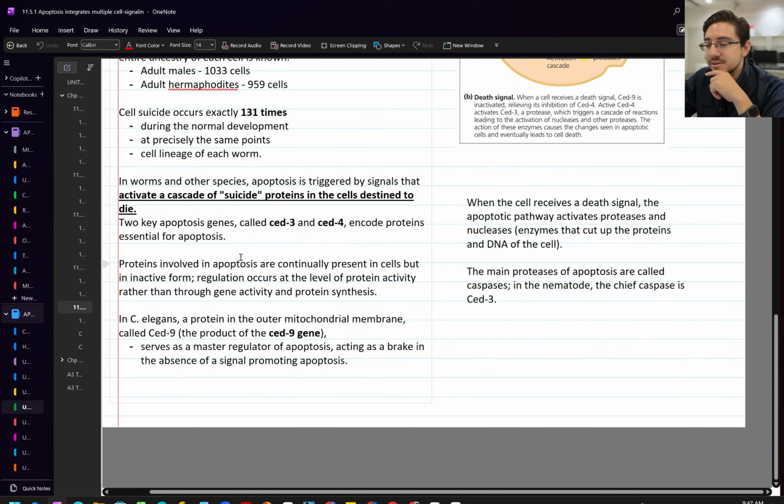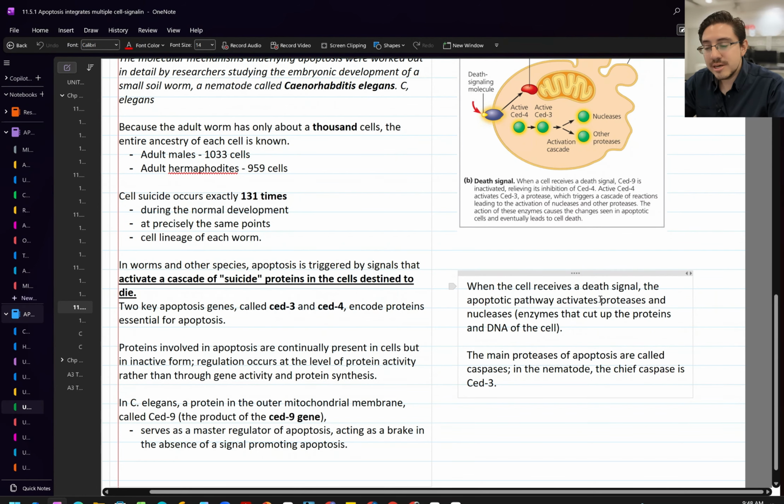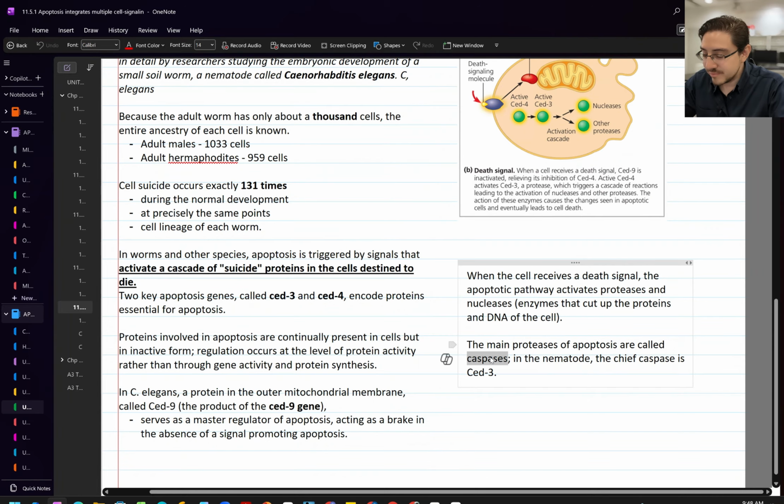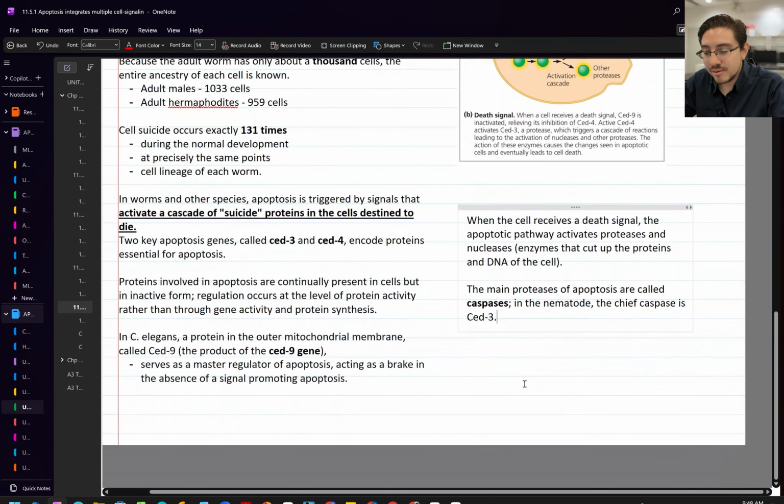When a cell receives the death signal, the pathway will activate certain proteases and nucleases, enzymes that break up proteins and DNA in the cell, which ultimately will induce cell death. The main proteases involved in apoptosis are referred to as caspases. One of these is CED3.